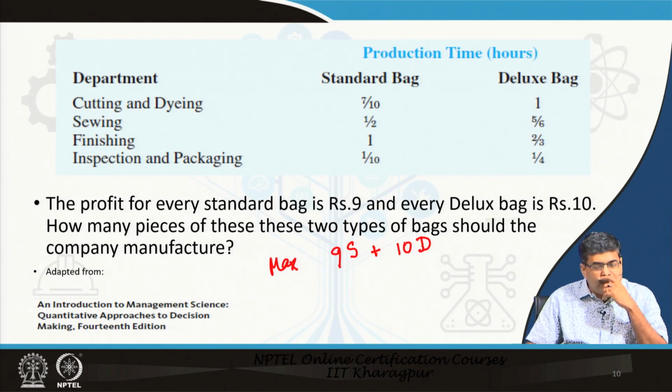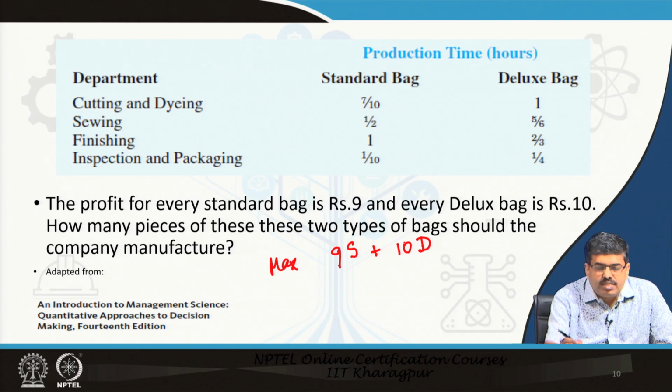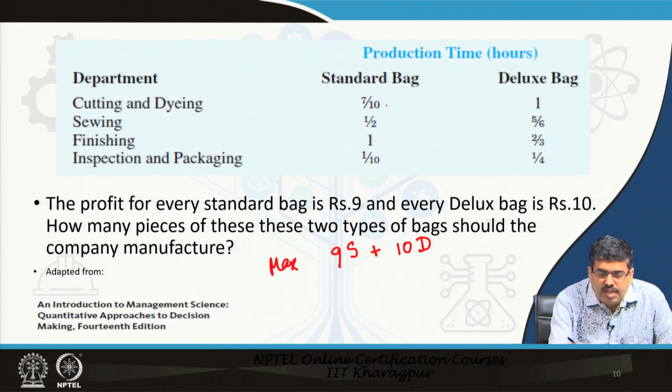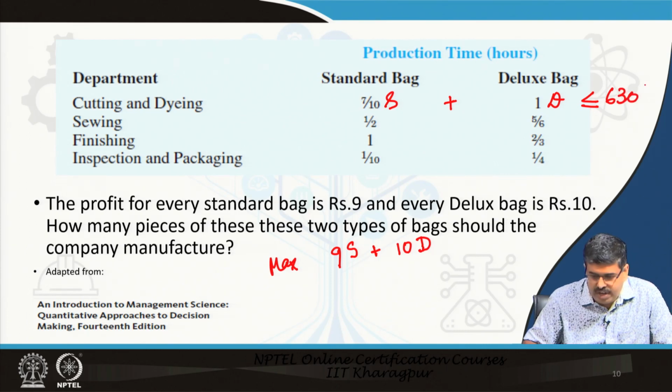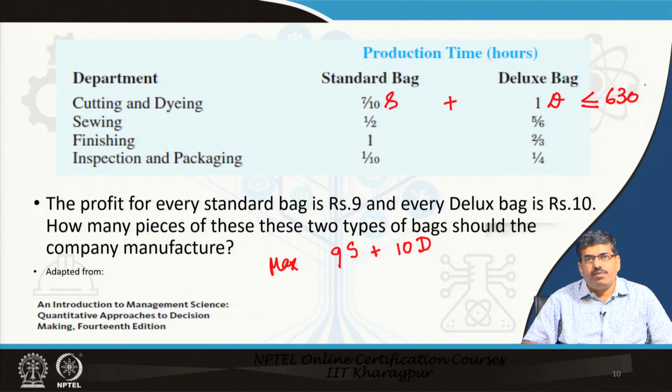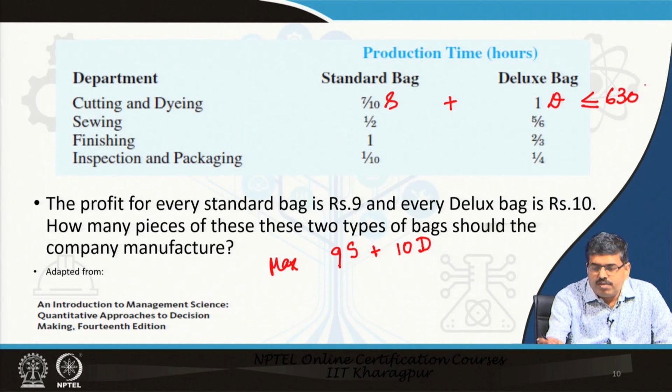Okay. What are the constraints? Cutting takes 7/10 hours. So, 7/10 of S plus 1 of D less than or equal to how many hours were available? 630, right. Okay. 630 cutting hours were available. Next one was, if I am correct, 600.